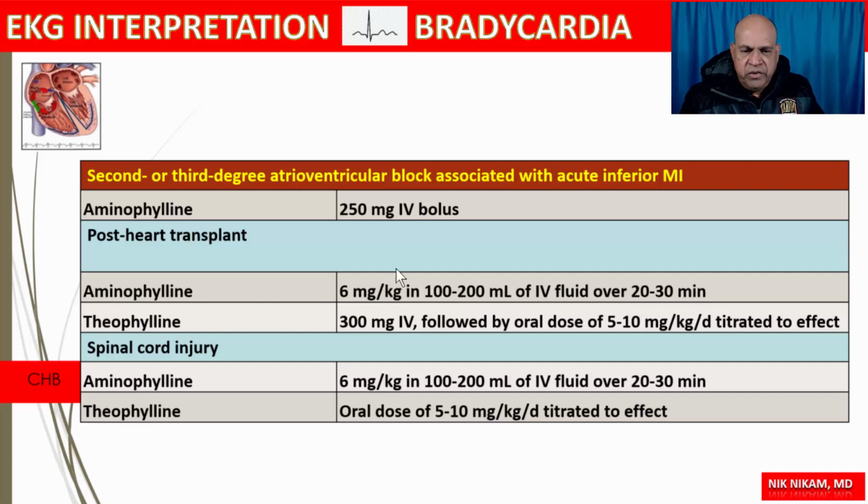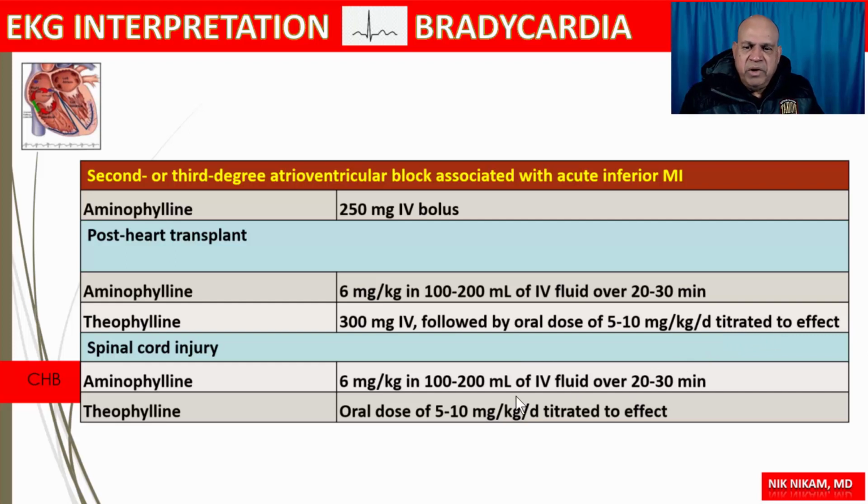This can be used in patients with acute myocardial infarction, post-heart transplant, or patients with spinal cord injury, who can be treated with theophylline 300 milligrams IV followed by an oral dose of 5 to 10 milligrams per kg per day, titrated to effect.